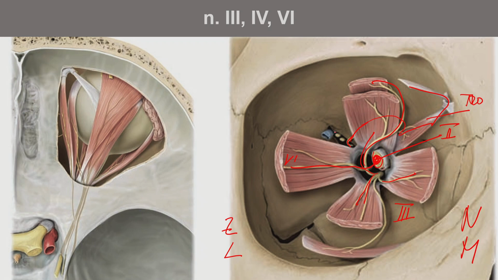The last branches, which are here, are branches of V1, the trigeminal first branch, which is called ophthalmic. And this structure here is the superior orbital fissure.